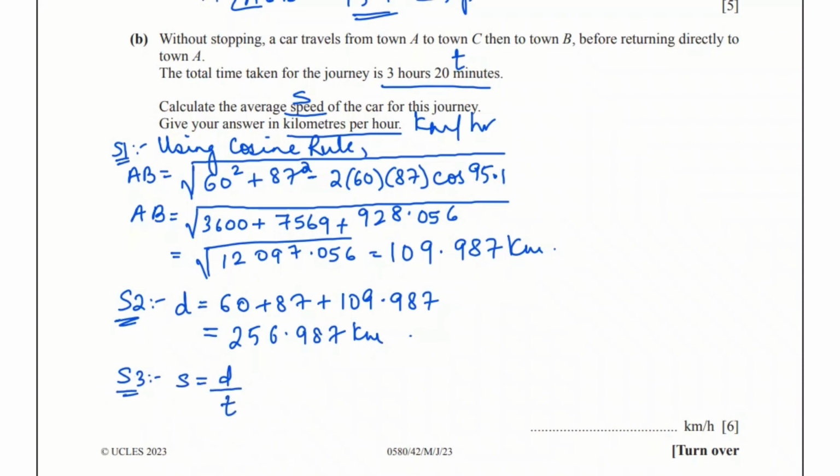So I have to calculate the speed in kilometers per hour. So D is given to us as 256.987 divided by time, that is 3 hours and 20 minutes.